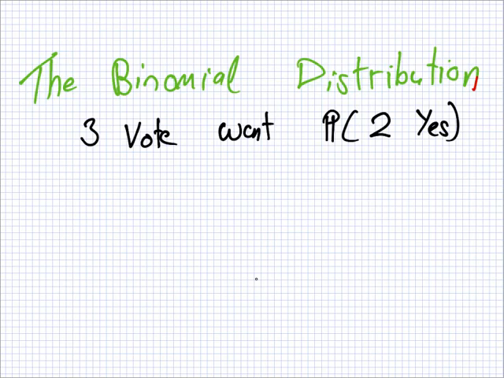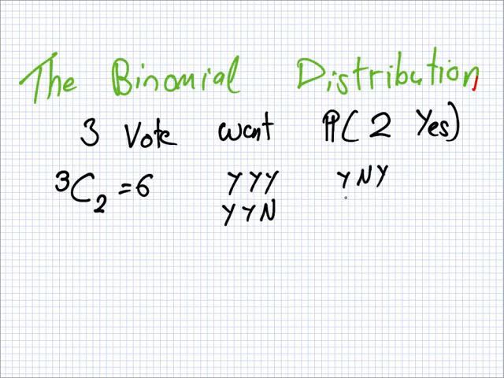How many combinations are there if 3 people are voting? Yeah, it's 3C2. So there's actually 6 possibilities. So it could be yes, yes, yes, yes, yes, no, yes, no, yes, yes, no, no, no, yes, yes.